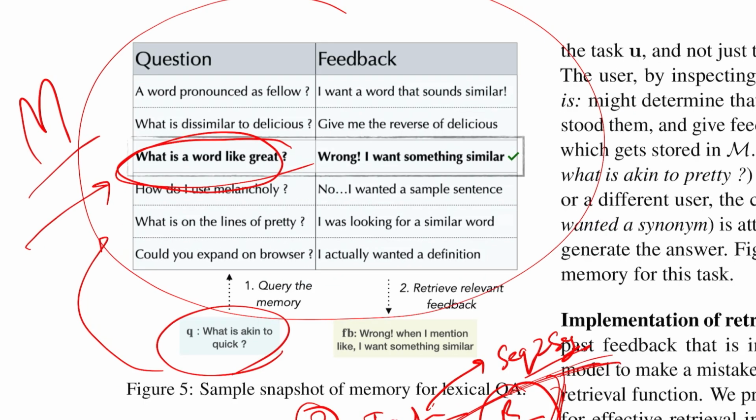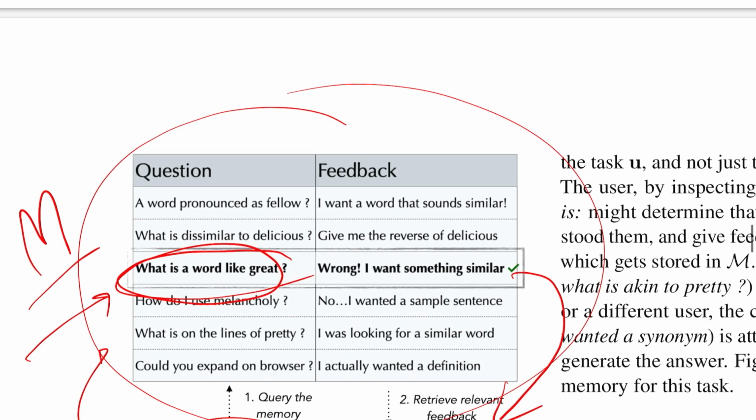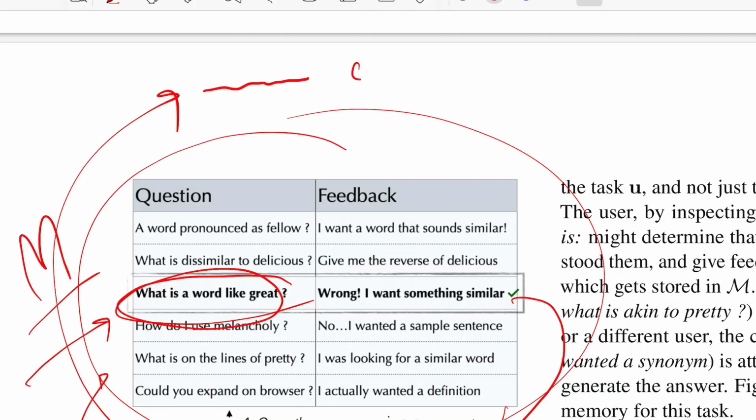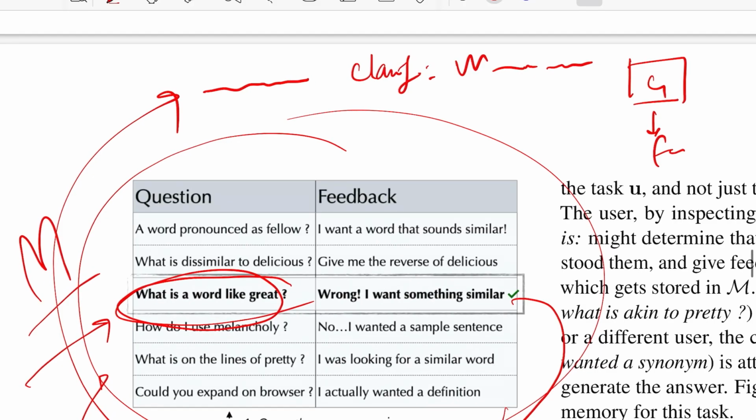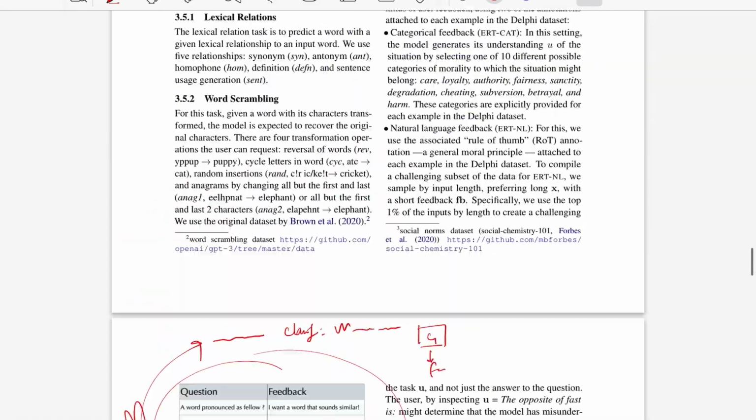So the feedback given by the user was wrong, I want something similar. So this gets retrieved. Now the query that goes into your GPT-3 model is your Q, which is what is akin to quick, concatenated by the clarification keyword, colon, wrong, I want something similar. And then this goes to your model and it outputs maybe let's say fast or something. So that's the idea of how you can build it for yourself.